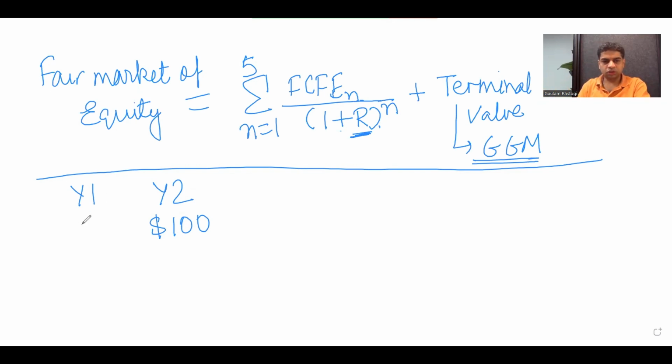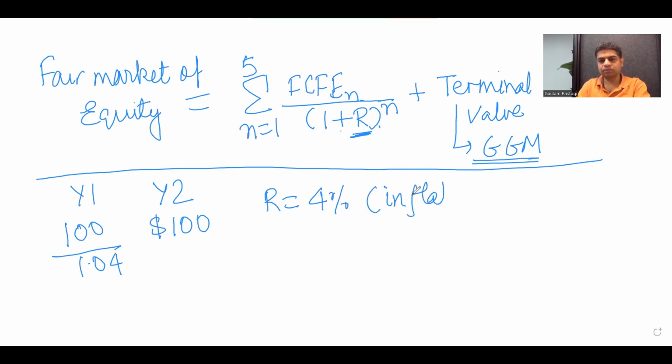If the inflation rate is 4%, then the value of that $100 next year is really 100 divided by 1.04, which is 1 plus R, if R equals 4%, which is inflation. So that is around $96 today.